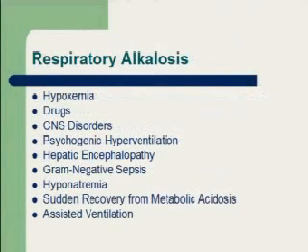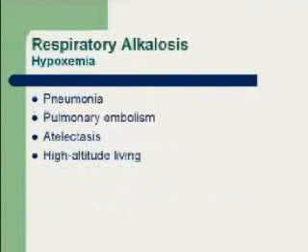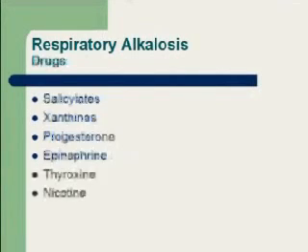In respiratory alkalosis: hypoxemia, drugs, CNS disorders, psychogenic hyperventilation, hepatic encephalopathy, gram-negative sepsis, hyponatremia, sudden recovery from metabolic acidosis, and assisted ventilation. In hypoxemia, you can see pneumonia, pulmonary embolisms, atelectasis, and high-altitude living all playing a role.